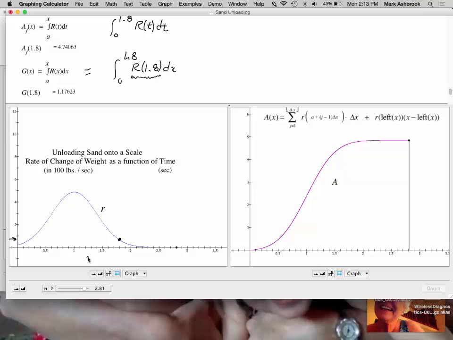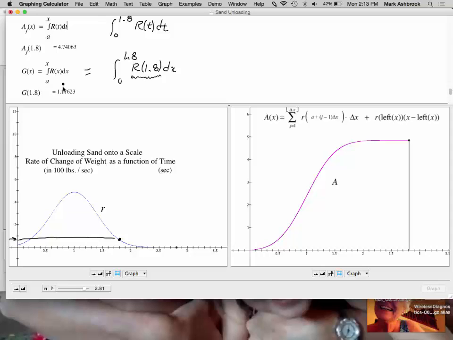So if I start at 0 and accumulate to 1.8 using x, the rate is going to be a constant rate at R of 1.8 for all 1.8 seconds. It's not going to accumulate sand according to our rate function like this. It's going to accumulate that sand according to a constant rate.